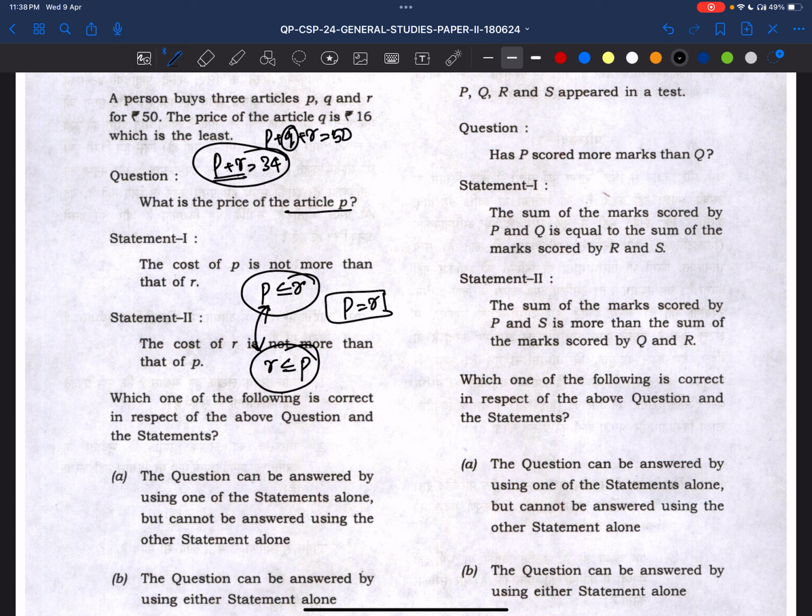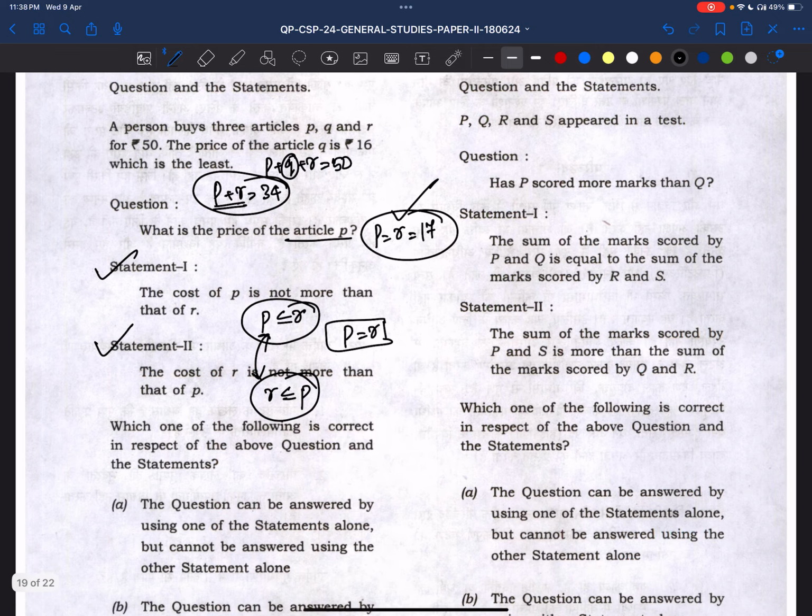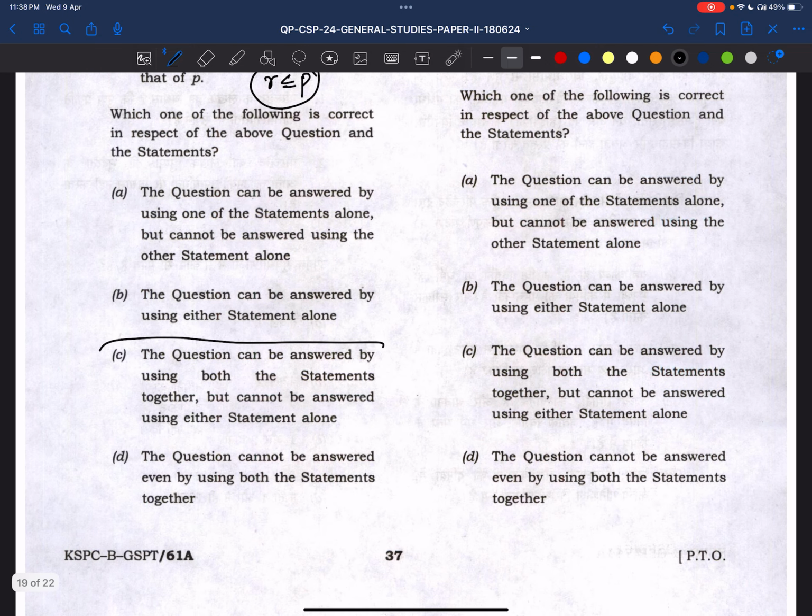P equal to R means 2P is equal to 34. That means P is equal to R is equal to 17. Yes, we get the price of P by using both the statements. So the answer will be C: we need both the statements.